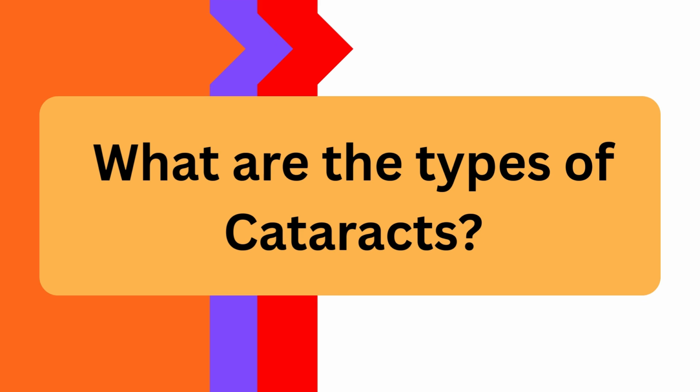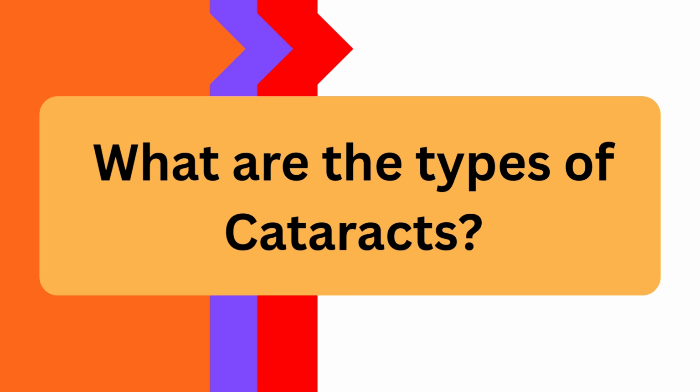Then comes senile cataract. That is the most common cataract. The senile cataract may be cortical cataract, second nuclear cataract, third subcapsular cataract. Again, subclassification of these senile cataracts depends upon the anatomical position of the opacity.